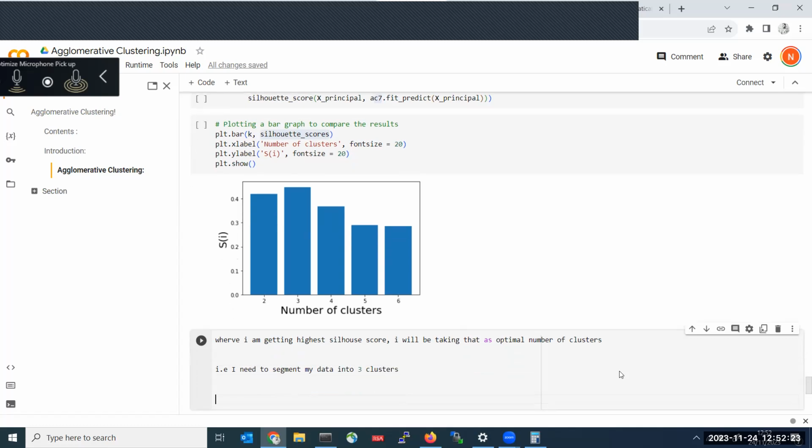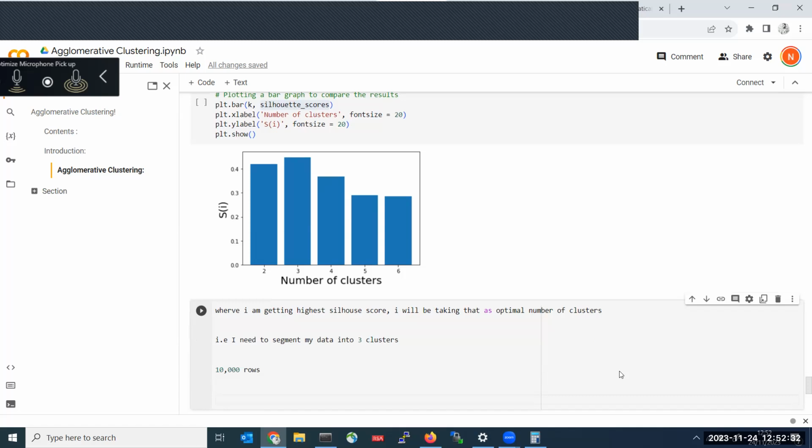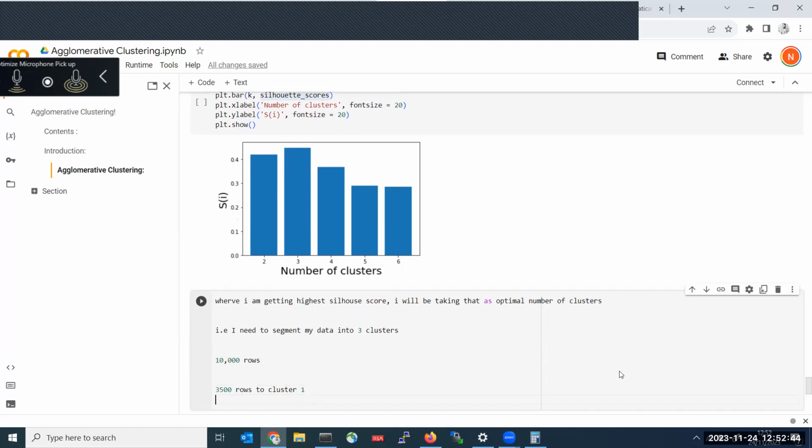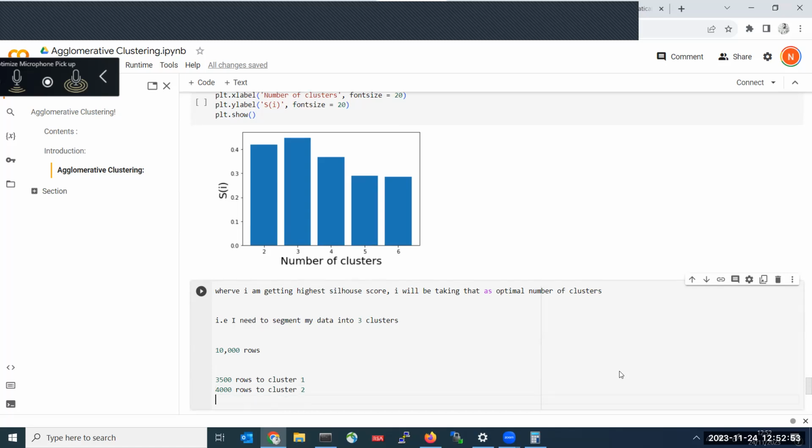That is the meaning. So for example, here I have 9,000 rows or 10,000 rows, whatever it is. It will divide, for example, 3,500 rows to cluster 1, 4,000 rows to cluster 2, and the next 4,000 over, 3,500 over.